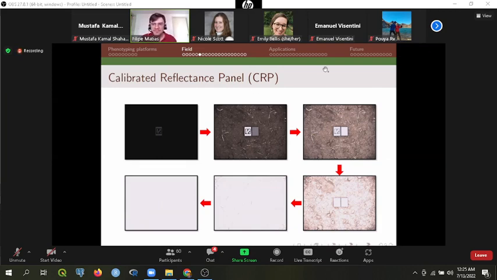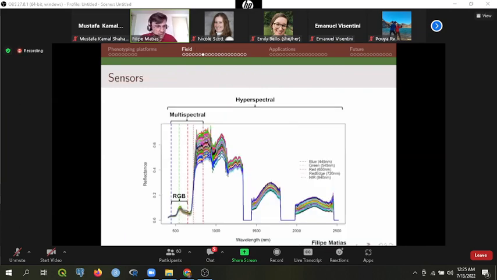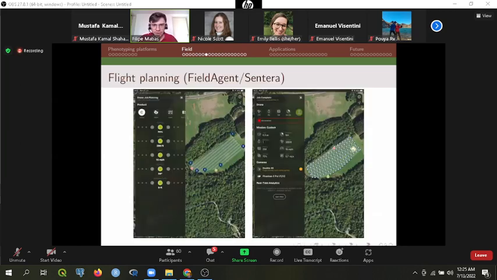I know that, for example, with many drones with RGB only, it's hard to do this. However, it's possible to include some panels in the field, or big panels, and try to do this afterwards during the image processing.